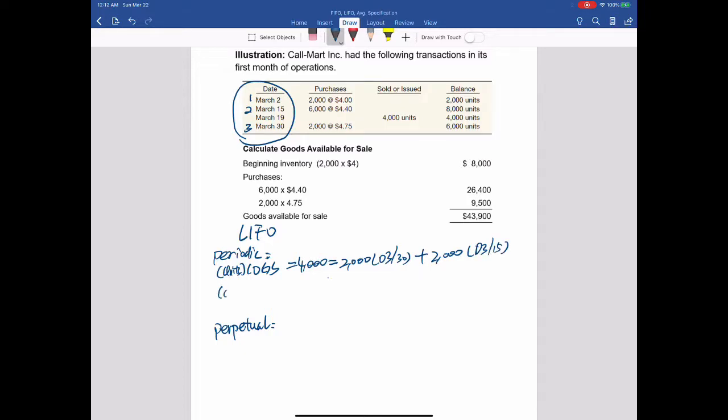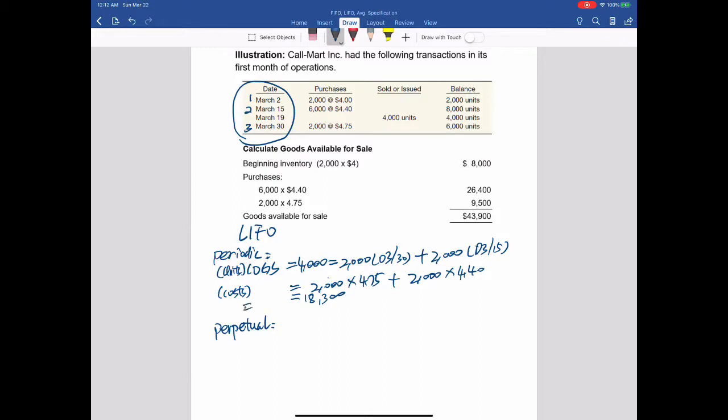Okay, the cost, 2,000 multiply the cost per unit. So cost of goods sold will be 18,300.